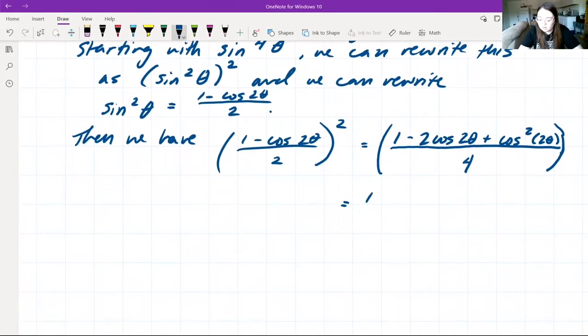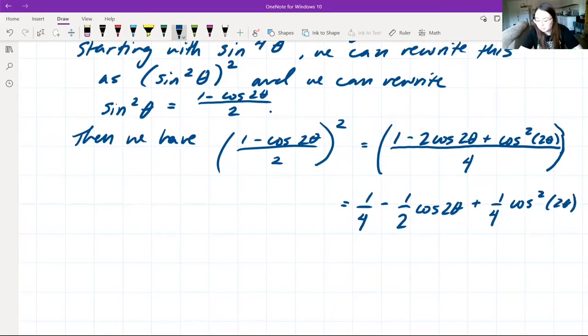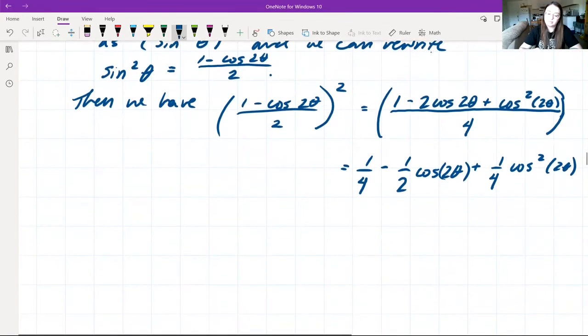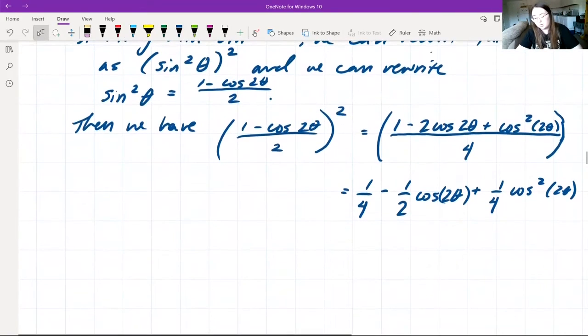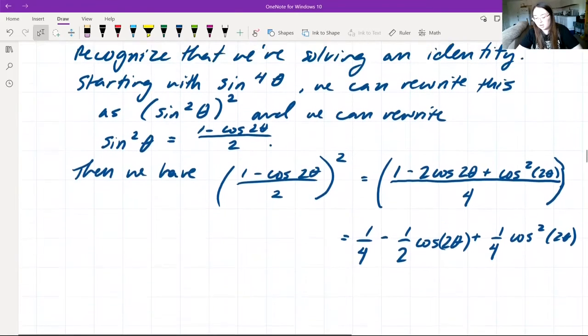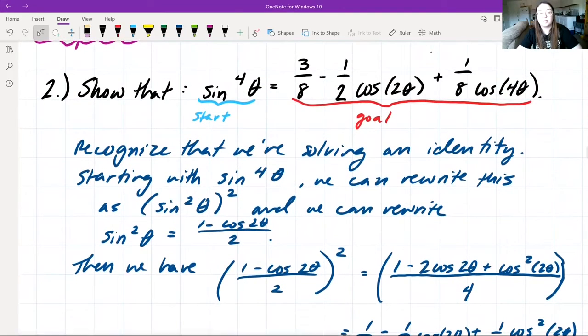This is going to end up giving us 1 over 4 minus 2 cosine of 2 theta over 4, which is just going to be 1/2 cosine 2 theta, plus 1/4 cosine squared of 2 theta. So we have negative 1/2 cosine of 2 theta, which is part of our goal. So that part can stay the same.